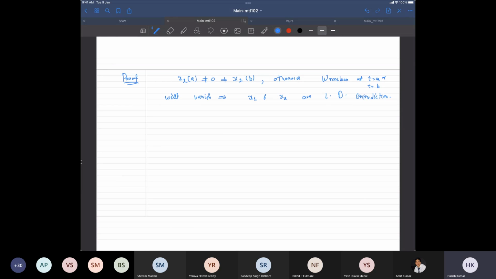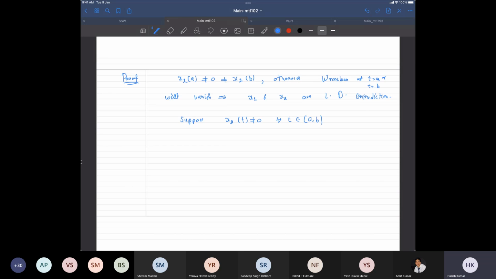Now suppose x2 does not vanish for all t in the open interval (a, b). Okay, and we are going to get a contradiction for this.